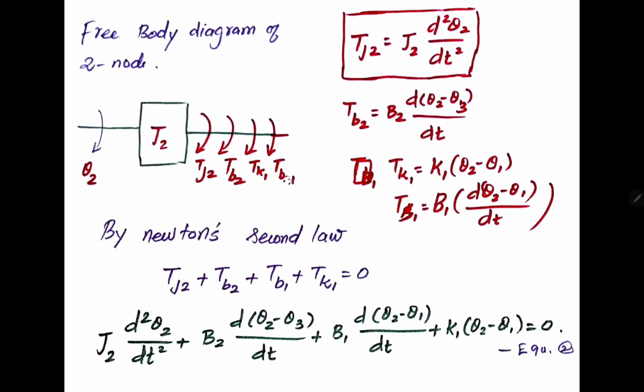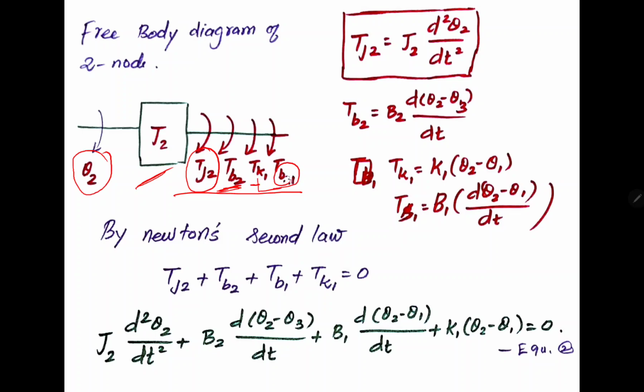Similarly, I am going to consider the second mass element J2. Here there is no force applied, and the angular displacement is considered as theta 2. Here there are four opposing torques: one related to J2, another related to a dashpot, then a spring and another dashpot.